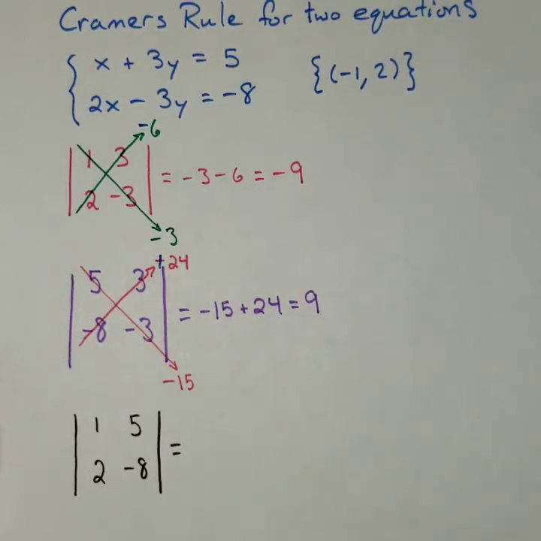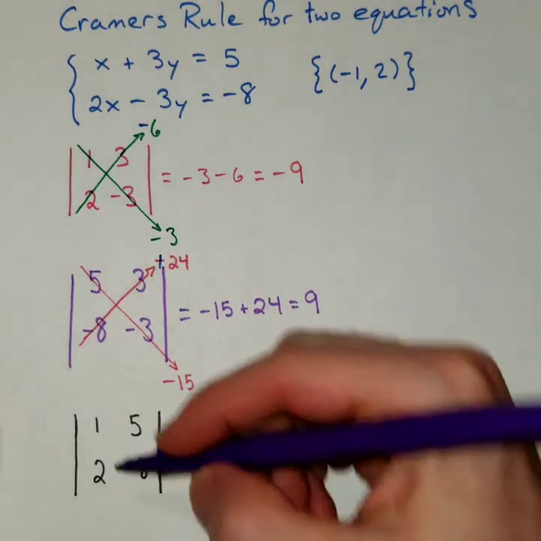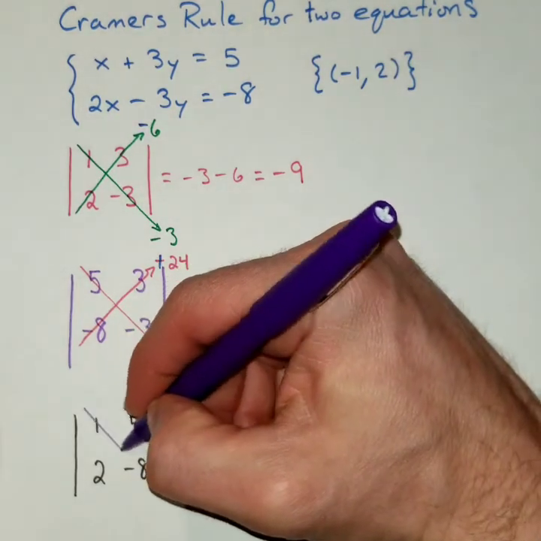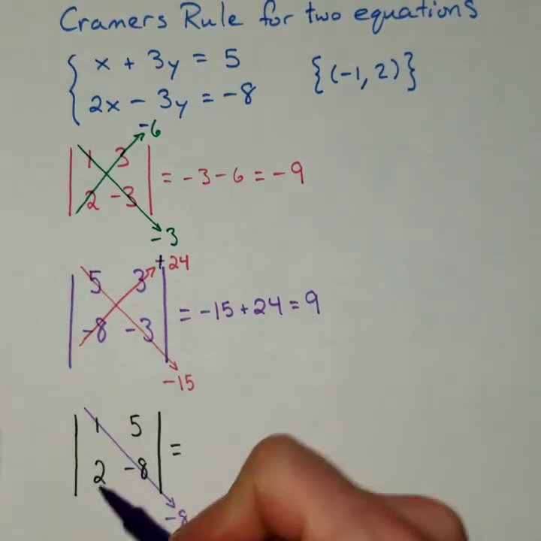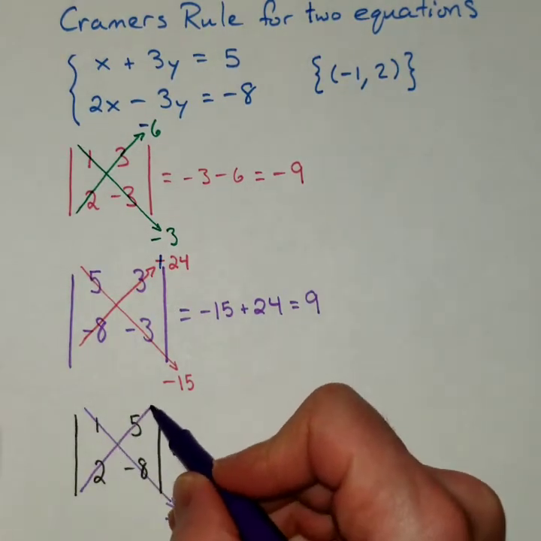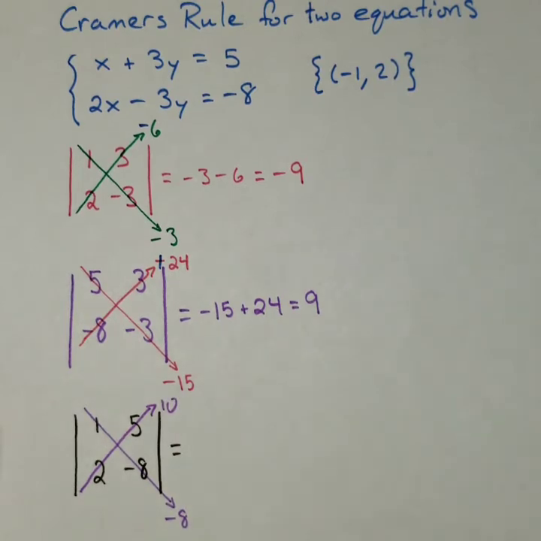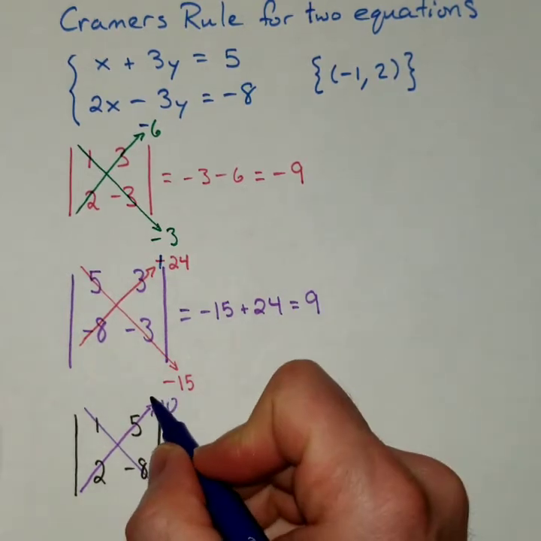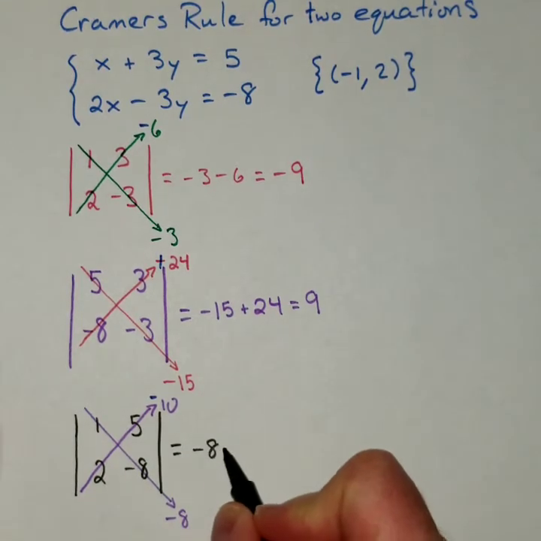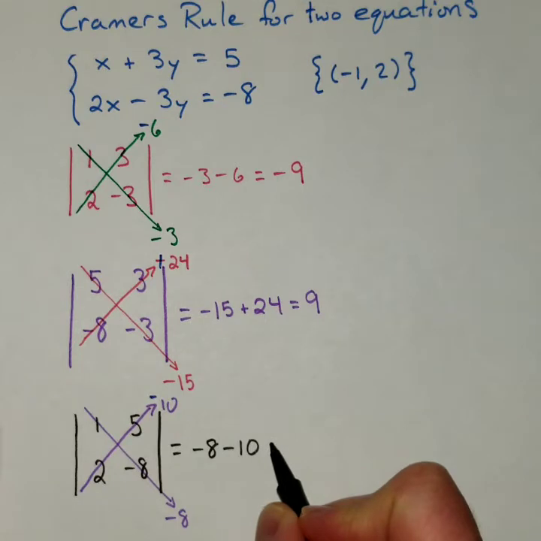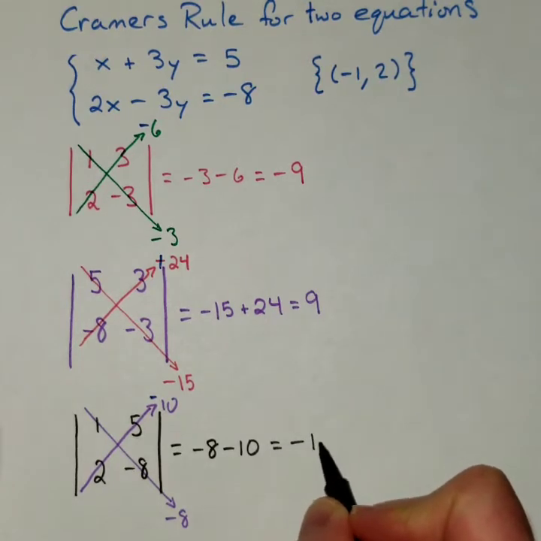Again, we're going to do our diagonals down, so that would be a -8. This here is a 10. And again, don't forget to change your sign on the top. When we add these up, we get -8 minus 10, and that gives us a -18.